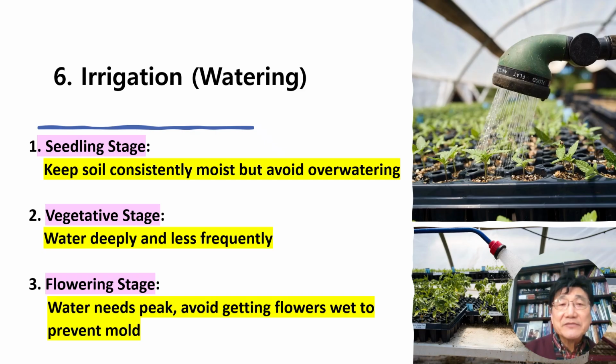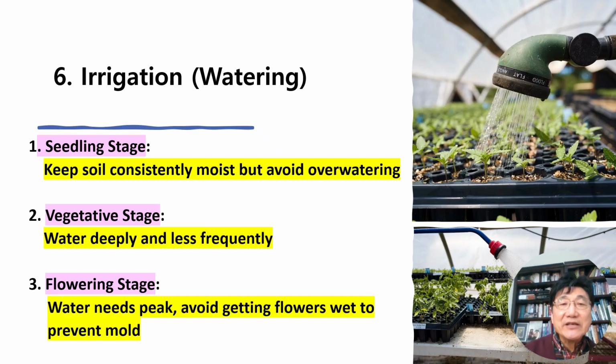At the vegetative stage, its water needs increase significantly. A good rule of thumb is to water when the top inch of soil feels dry to the touch. Flowering stage is the most water-intensive stage. As the plant develops dense flowers, its water consumption peaks.